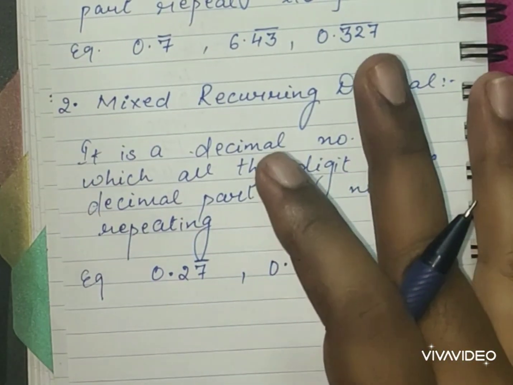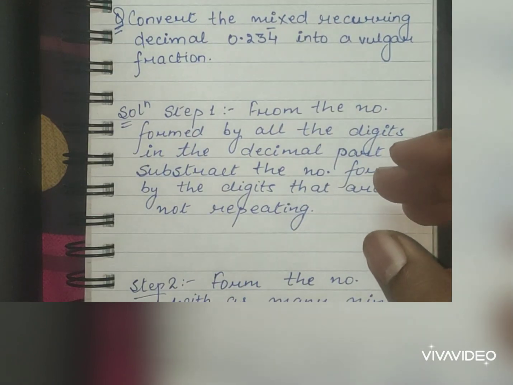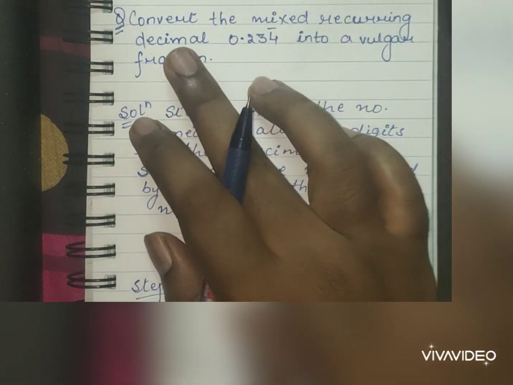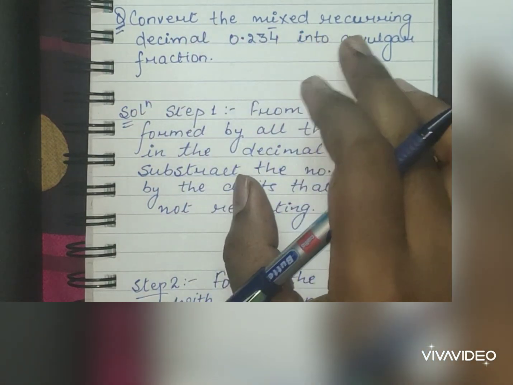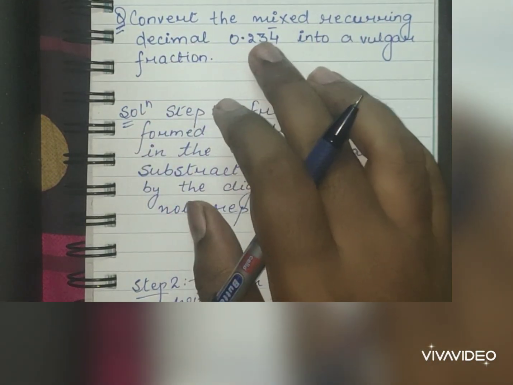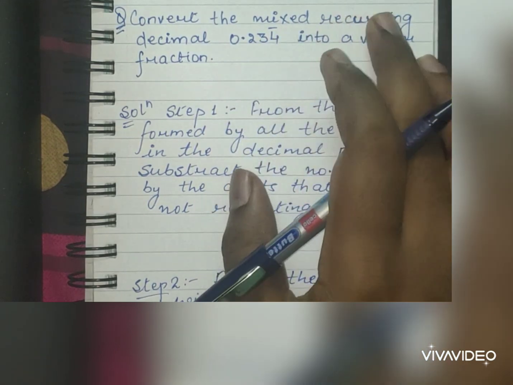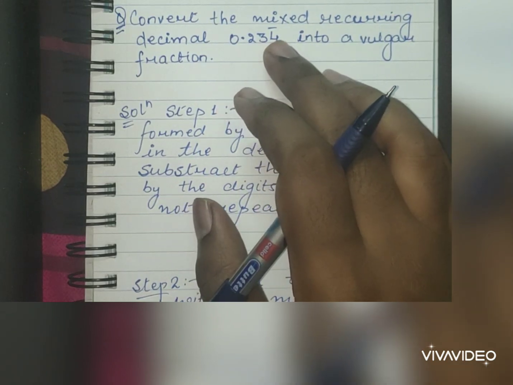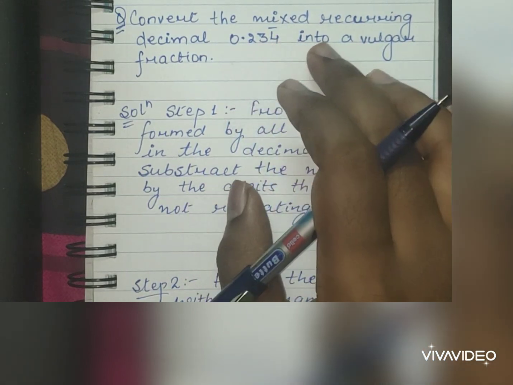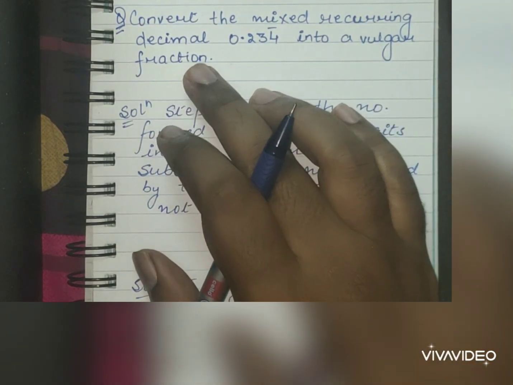Now understand one more concept from a question. The question is: convert the mixed recurring decimal 0.234. Mixed recurring means where all the digits are not repeating, only here 4 is repeating, and you have to convert it into a vulgar fraction.